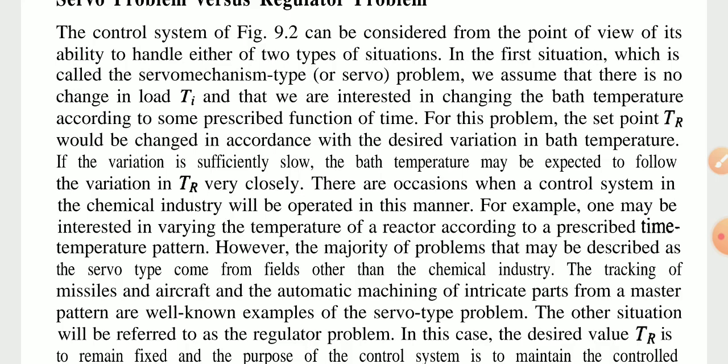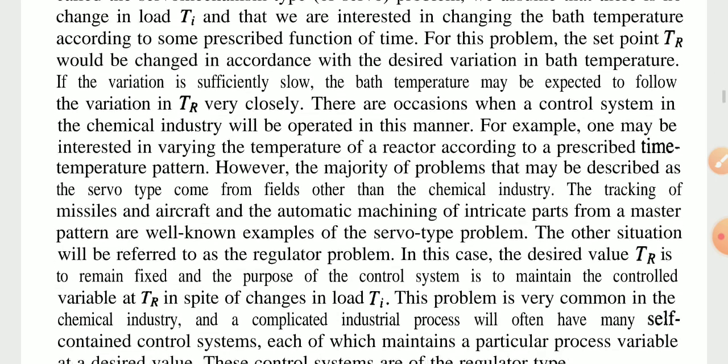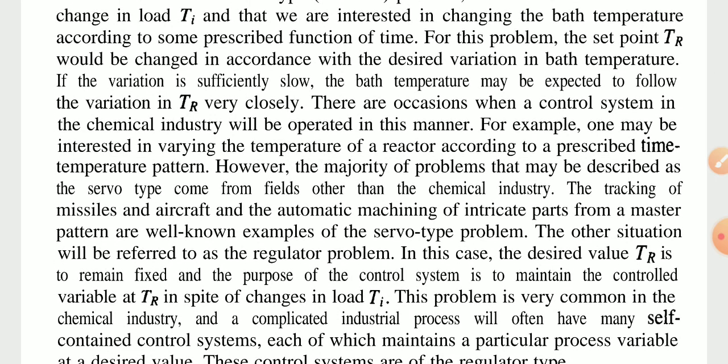For this problem, the set point TR would be changed in accordance with the desired variations in the bath temperature. If the variation is sufficiently slow, the bath temperature may be expected to follow the variation in TR very closely.